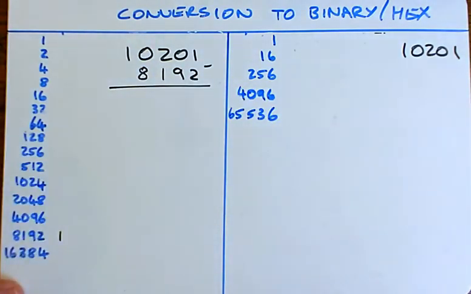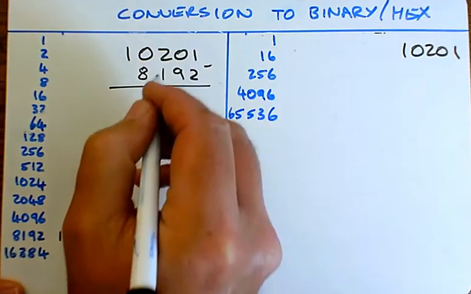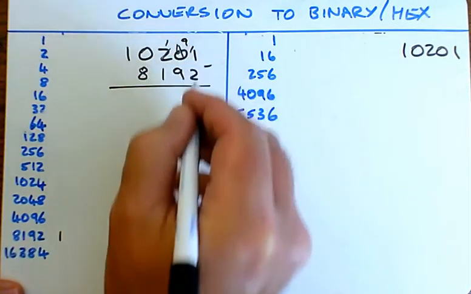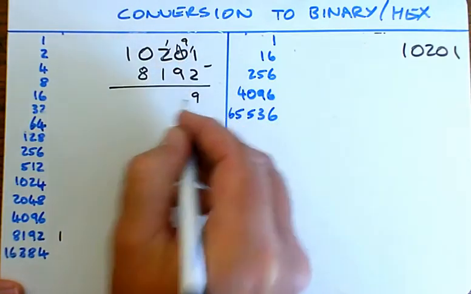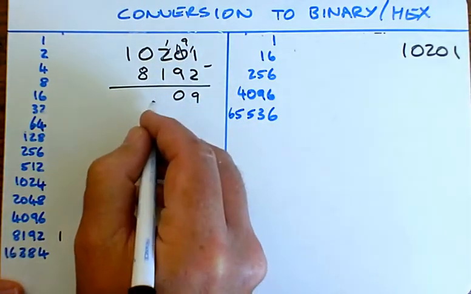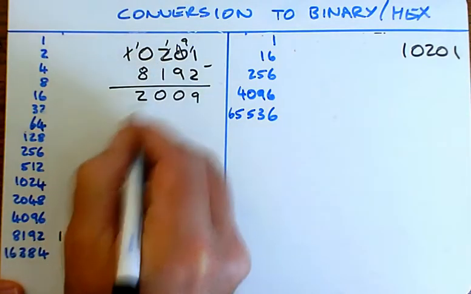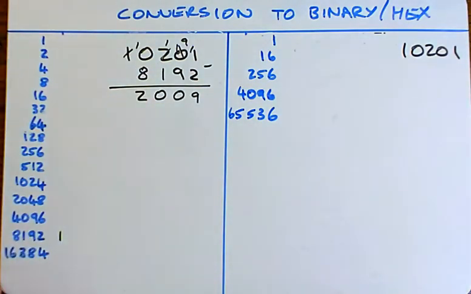And I'm going to subtract that and see what it is that I've got left over. So I've got 9, 0, 0, and 2. So I've got 2009 left over.